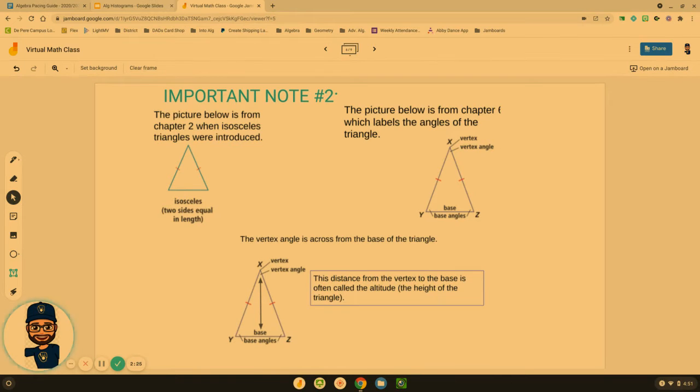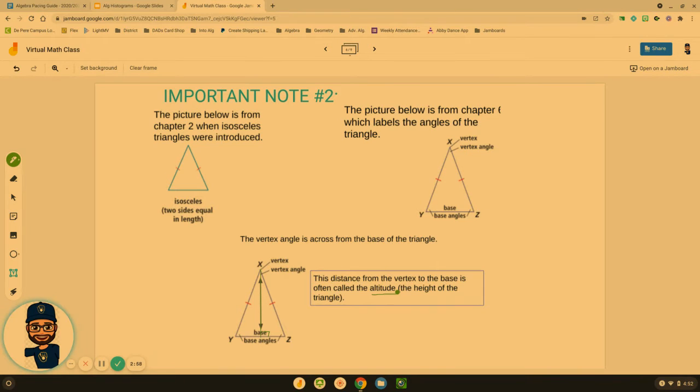Now that leads to this really important property and a name that we give to connecting the vertex to the base. This distance from the vertex straight down to the base, let's take green, and I try to connect it straight down, it's going to intersect at a right angle, and it's going to create what we call an altitude, or the height, how tall the triangle is.